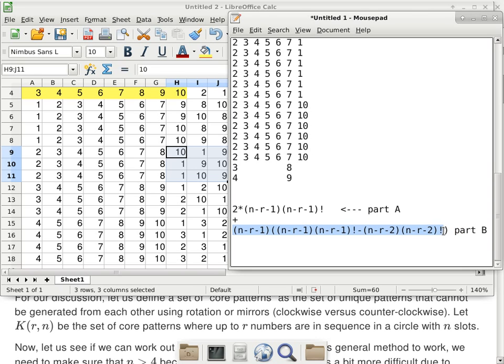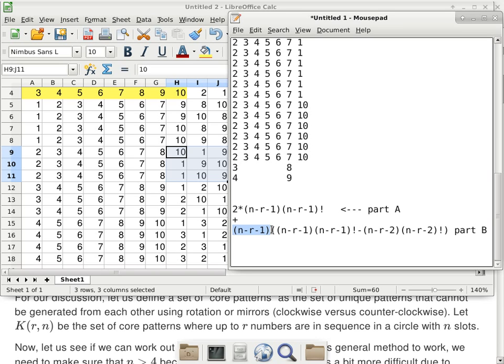So part B is explaining, what if we have two constraints instead of one constraint? The first number out of the highlighted portion, which is n minus r minus 1, is asking: we have two patterns that fit the case of only one constraint, but how many ways can we arrange a sequence of r so we end up with two constraints?